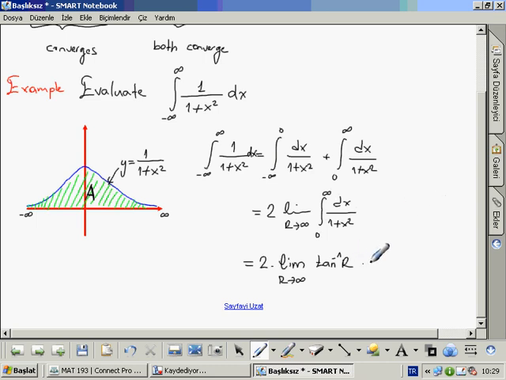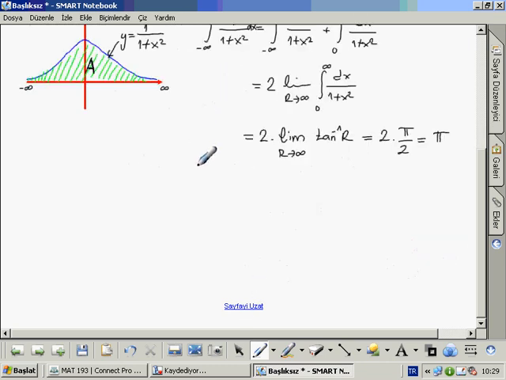After that it equals 2 times pi over 2, so it equals pi. Totally, the integral from minus infinity to plus infinity of dx over 1 plus x squared converges to pi.